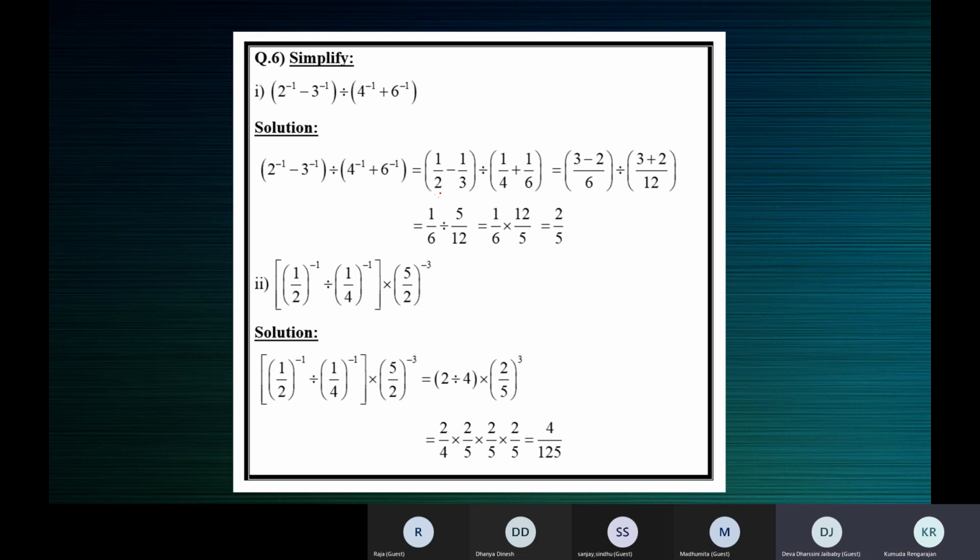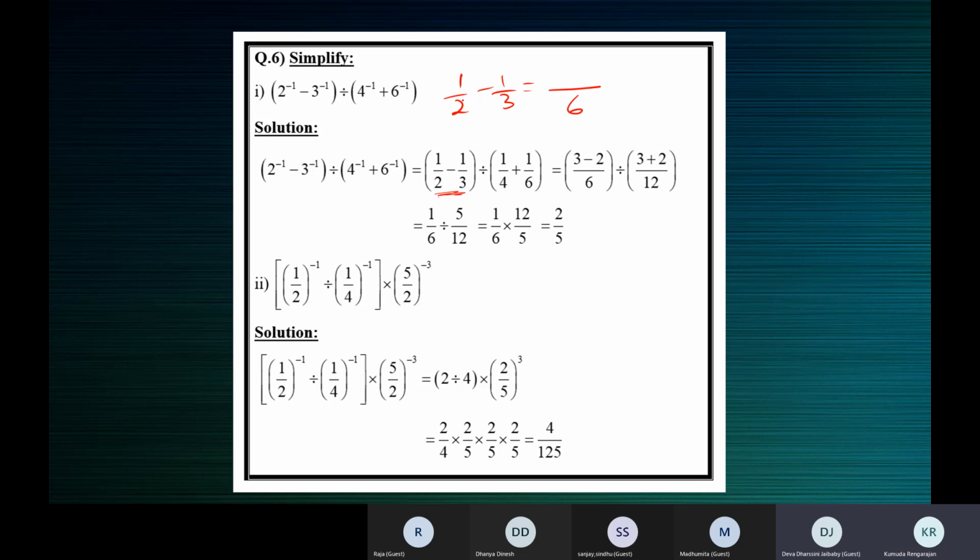After this, when you take the LCM, 1 by 2 minus 1 by 3. Okay, ma'am. And in the numerator, 3 minus 2 and 3 plus 2. Okay. What is 1 by 2 minus 1 by 3? What's the LCM? 6, right? Yes, ma'am.